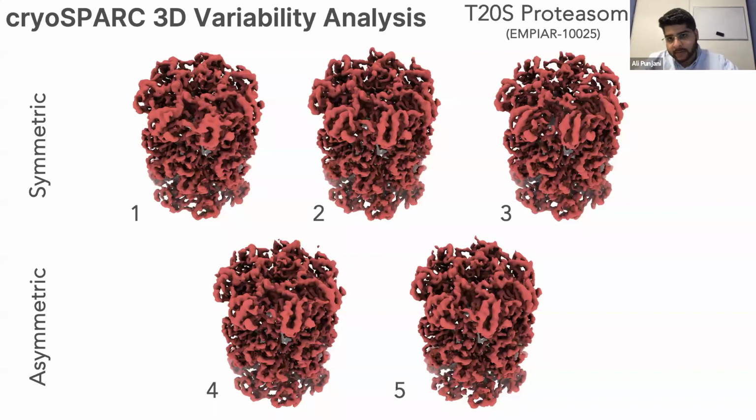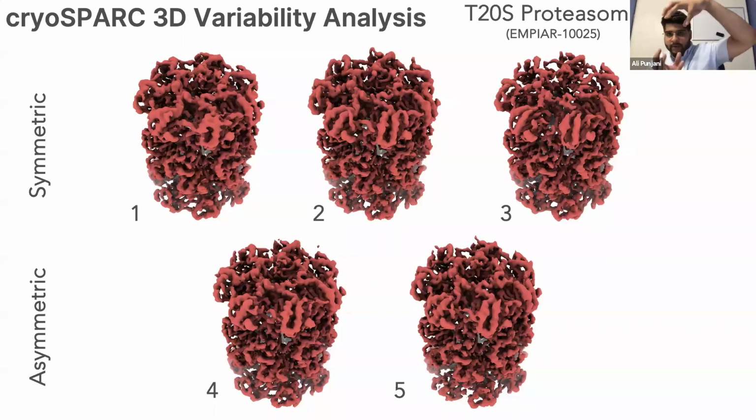If you want to see how the symmetry breaks, the previous approach won't show you that. To see how the symmetry breaks, you have to use a mask that contains the whole molecule, but you can still apply symmetry expansion. The symmetry expansion in this case doesn't actually help, because when you do symmetry expansion and you have a symmetric object, without any other knowledge about it, you would expect that every variability mode that breaks the symmetry has to show up 7 times, or whatever the symmetry is, to be able to conform with the symmetry.